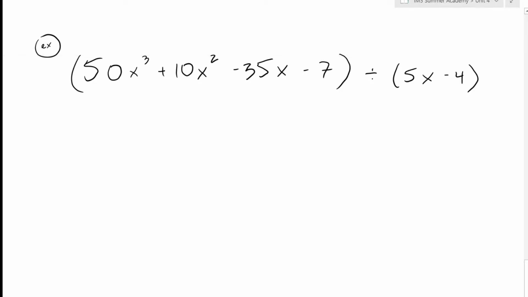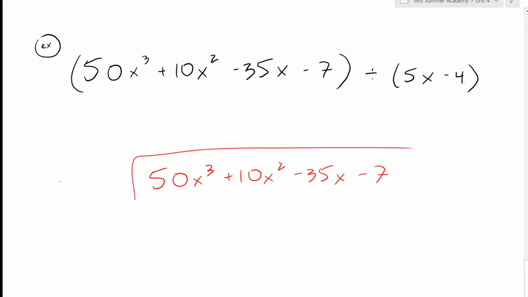So it's just adding one more step to our problem, but we still write the bigger piece inside, the smaller piece outside. Just add one more step because of the extra term.